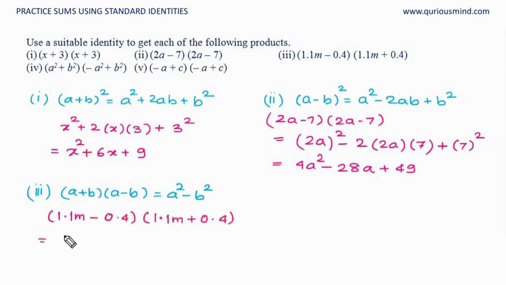A square, which is (1.1m) square, minus b square, (0.4) square, and that will be 1.1 square is 1.21 m square, 0.4 square is 0.16.